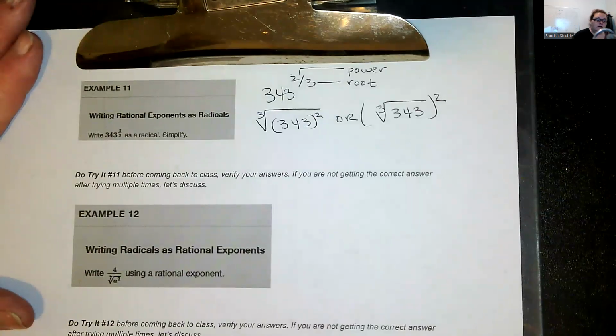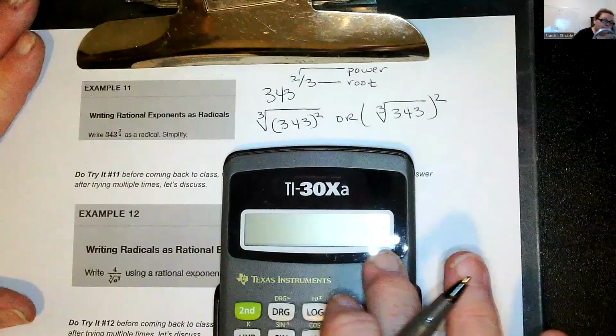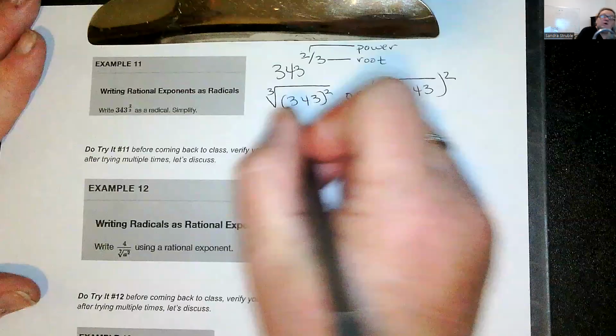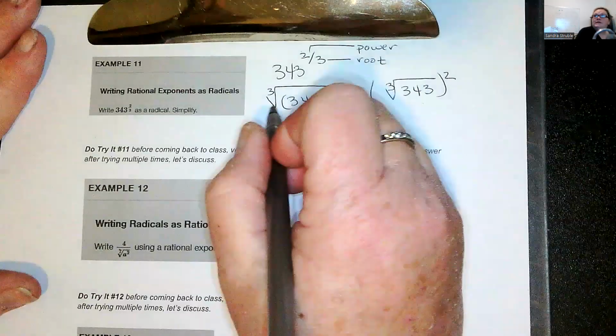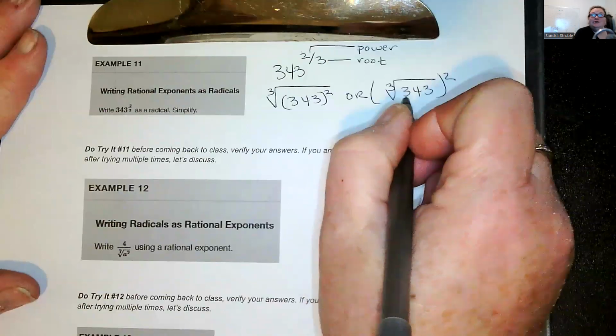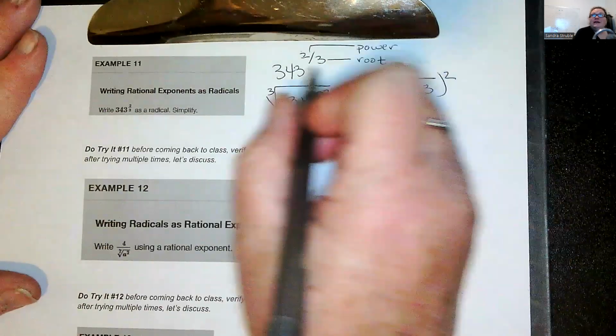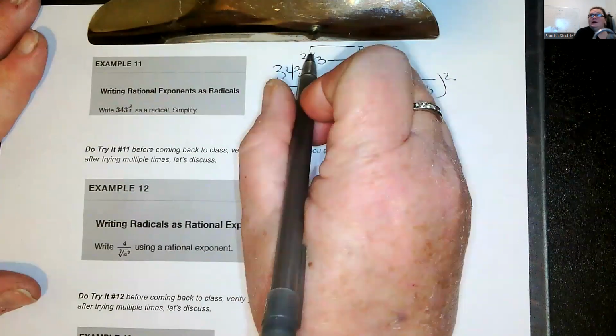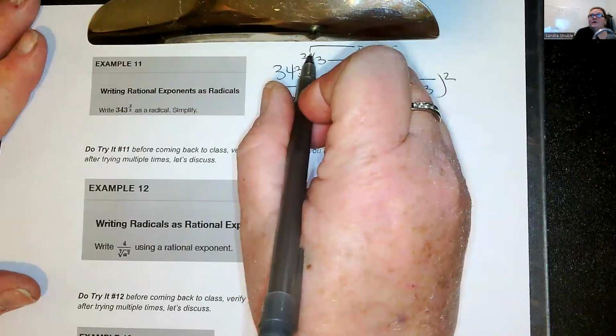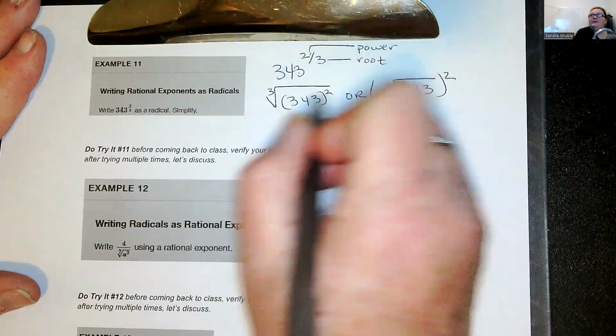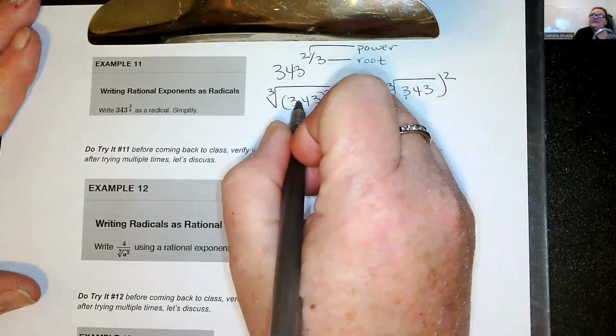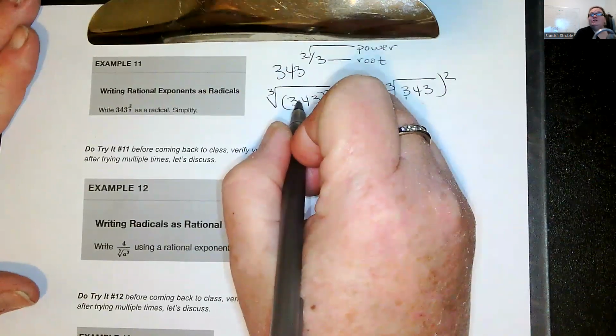Okay. So the first thing I'm going to do is, you don't even need to do all this. This is just a representation. Because you're using your calculator, you can just take 343 and raise it to the 2/3. Then you're not actually having to write it like this. And being the fact that this isn't going to be on your exam, this is just an understanding of how to utilize this.